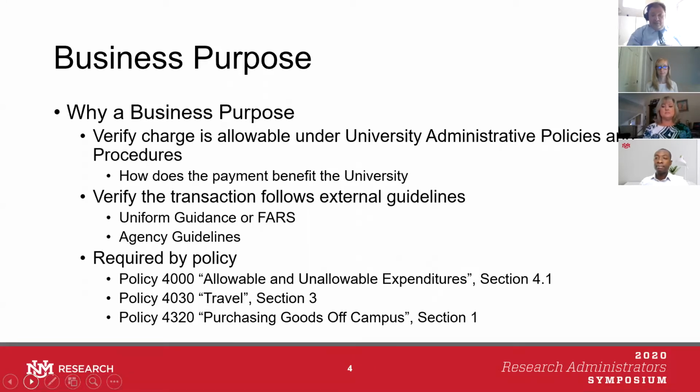Examples of the external policies and procedures that we have to follow are UG, Uniform Guidance, and the FARs for federal contracts. Also, a lot of the agencies have their own guidelines as to what's allowable and what's not allowable. So we need the business purpose in order to determine if that particular purchase is allowable or not.